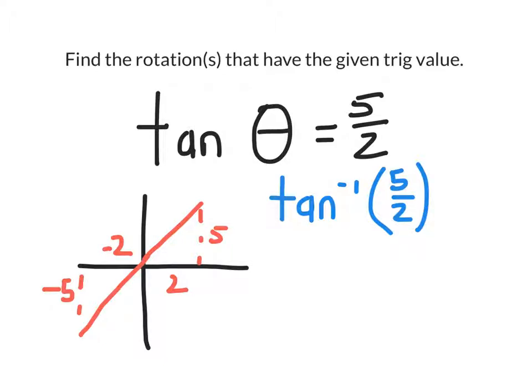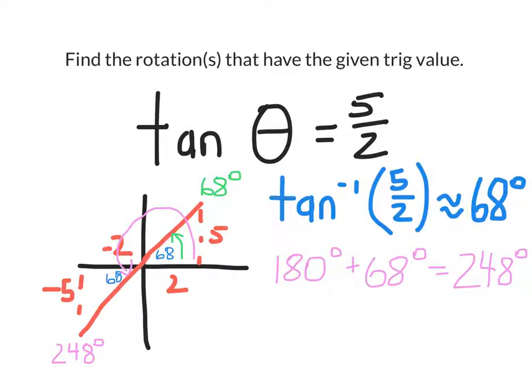For tangent of theta equals 5/2, I know that the rotations will lie in the first and the third quadrants since the tangent is positive. And using my calculator, I find that tangent inverse of 5/2 is about 68 degrees, which means that 68 degrees is my reference angle.